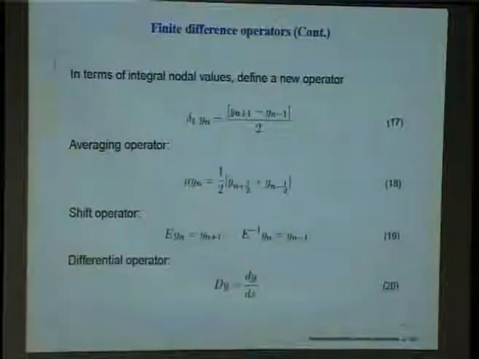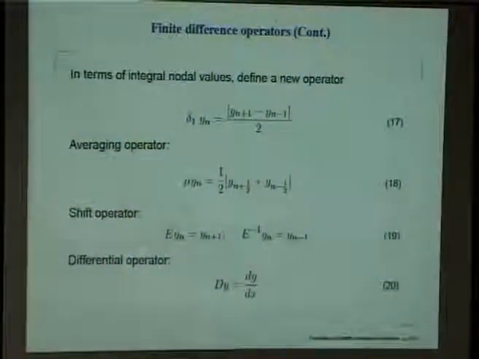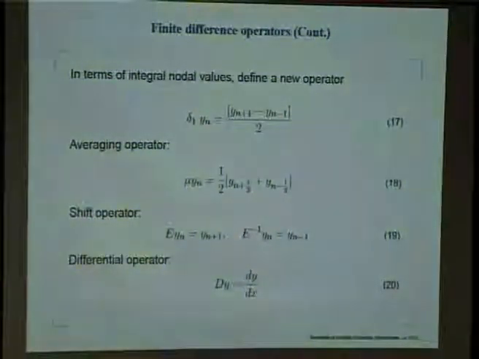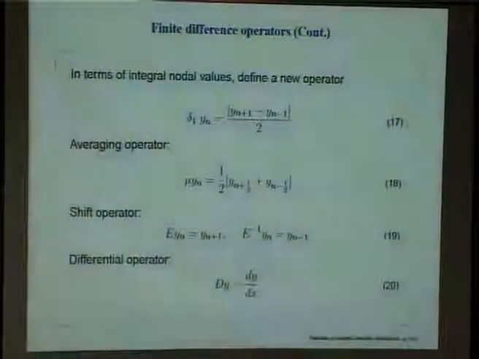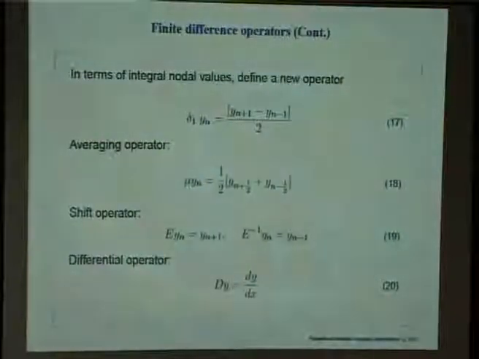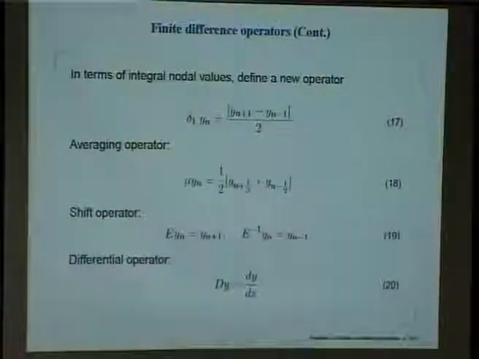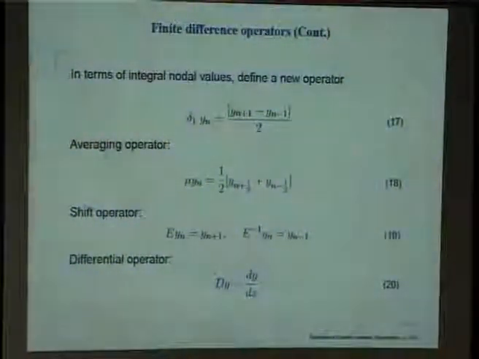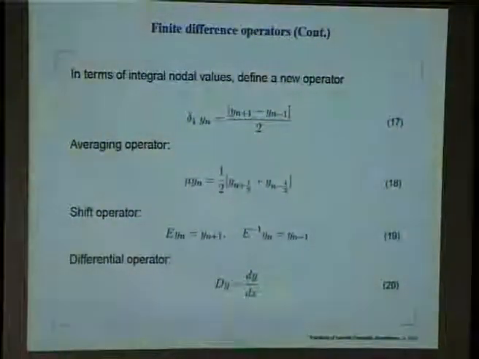That is the definition. And in the same way, if I do an inverse operation E inverse, then I go to the point on the left, right. And this is something you all know, you have done it n number of times, the differential operator D.